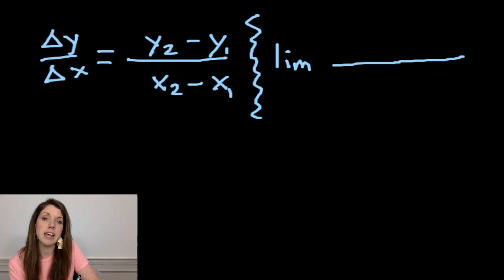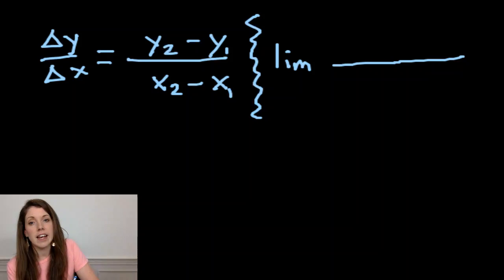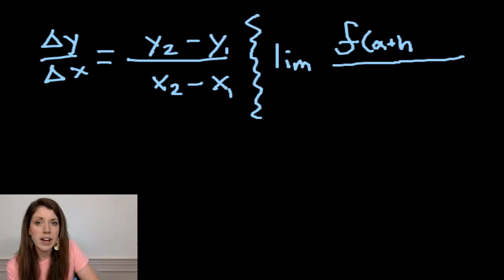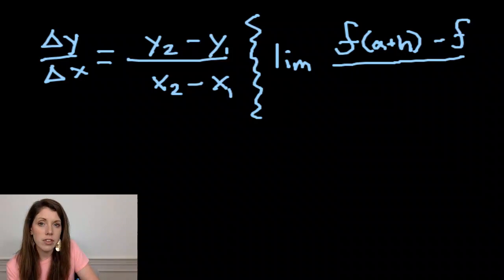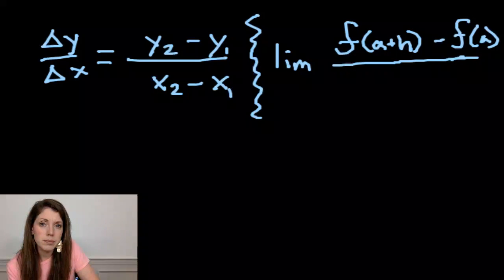So the x values would be a and a plus h. f of a plus h is the second y value, and f of a is the first y value.